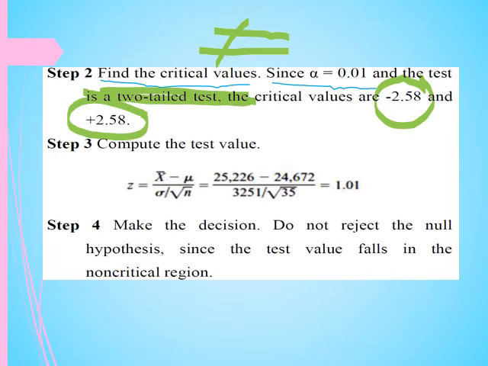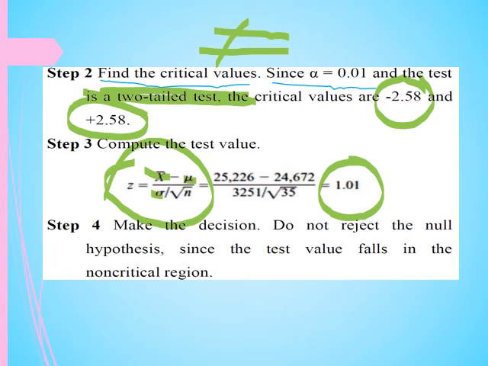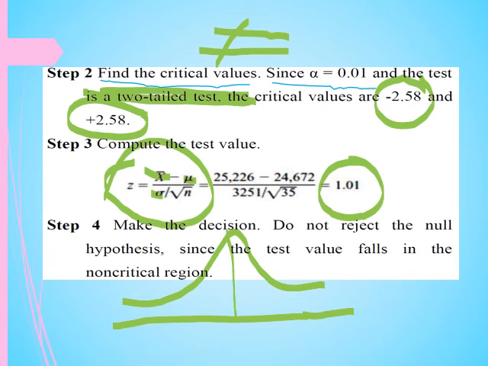Let's move to the third step, which is computing the test value. We already have the population mean, the sample mean, sigma and n in this situation. So we substitute in the z formula to get z equal to 1.01.